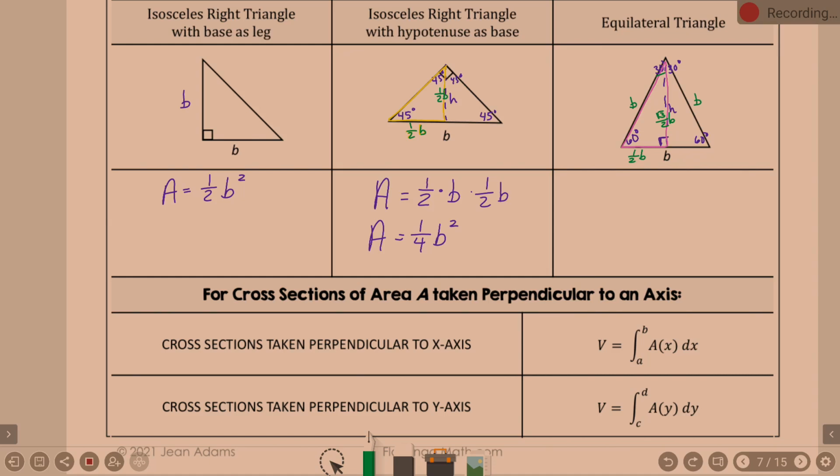Okay? I know that probably is taking you way back to geometry, but when we put this all together, 1/2 times the base times the height of a triangle, which is square root of 3 over 2 times B, put this all together and we end up with square root of 3 over 4 B squared.